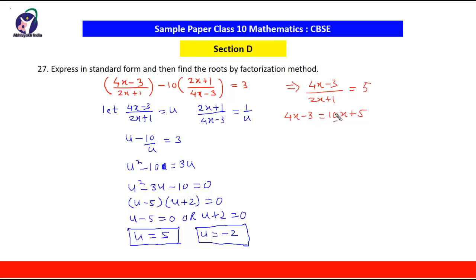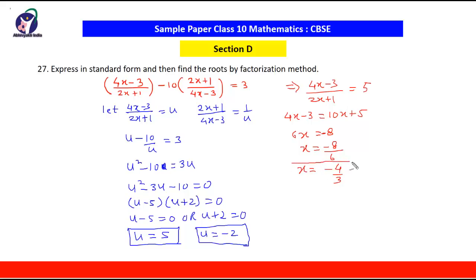So it will be 6x is equal to minus 8, and therefore x is equal to minus 8 by 6, and so x is equal to minus 4 by 3.